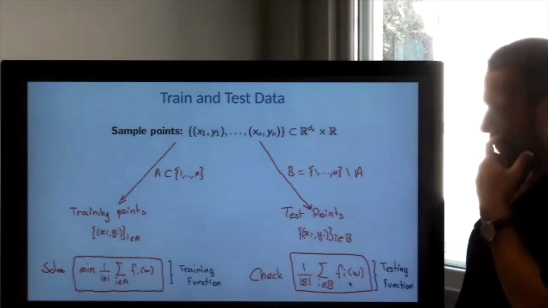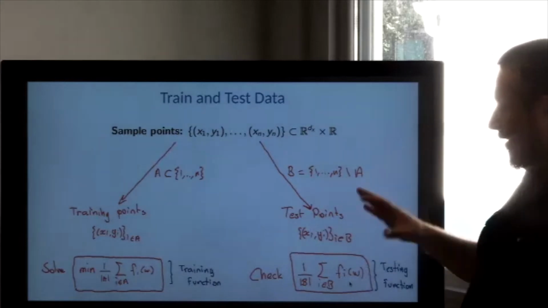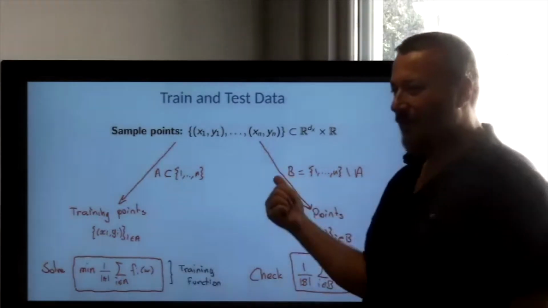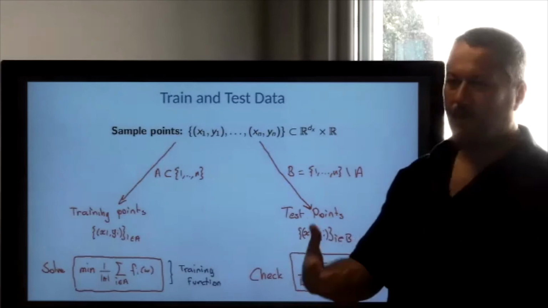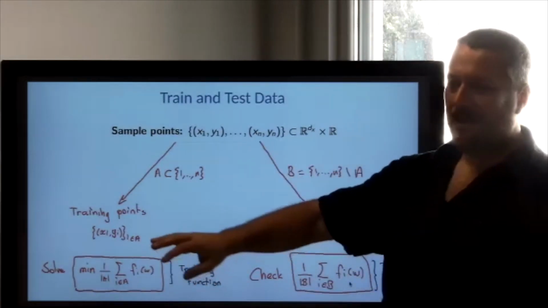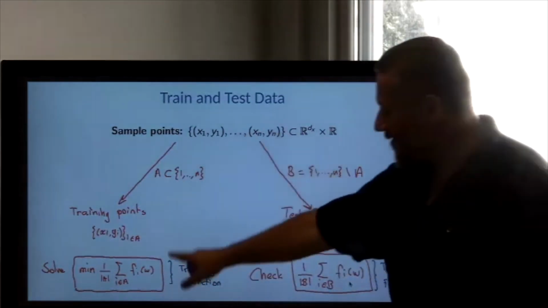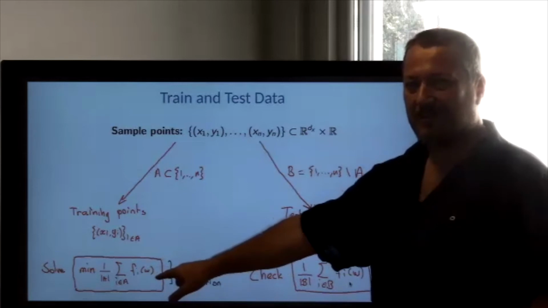So that is our problem, and that's what separates these problems from the classical ones, where you really want to find the best minimizer of some function. You don't want that. You want to find the minimum of this function by just using this function.